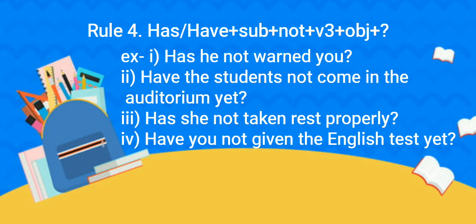So, I hope you all have understood whatever we studied in today's session based on the types of sentences like positive sentences, negative sentences, interrogative sentences and interrogative negative sentences. We have understood present perfect tense.